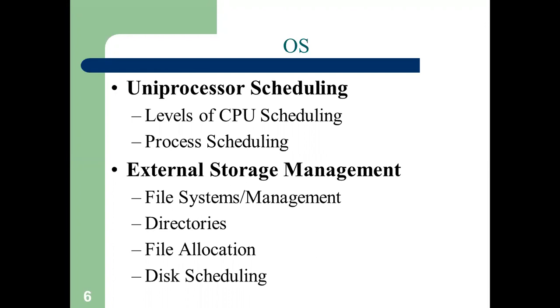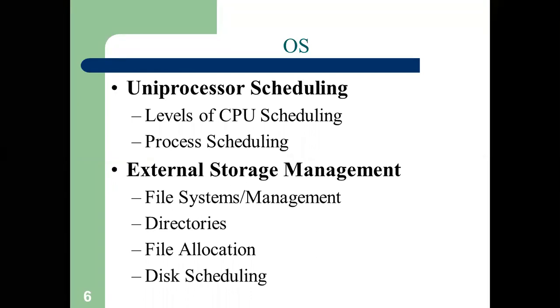You will make a number of directories on your system, and how you create different types of directories, files, or folders will be maintained by the operating system, and that comes under storage management.